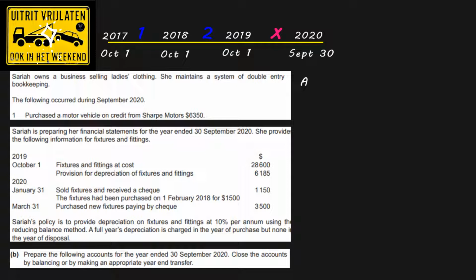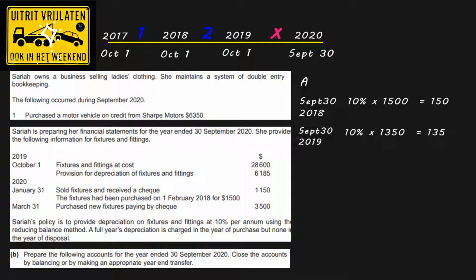So depreciation charge for 30th September 2018 would be 10% of 1500, which is 150. Now for the following year, 30th September 2019, it would be 10% of 1350.